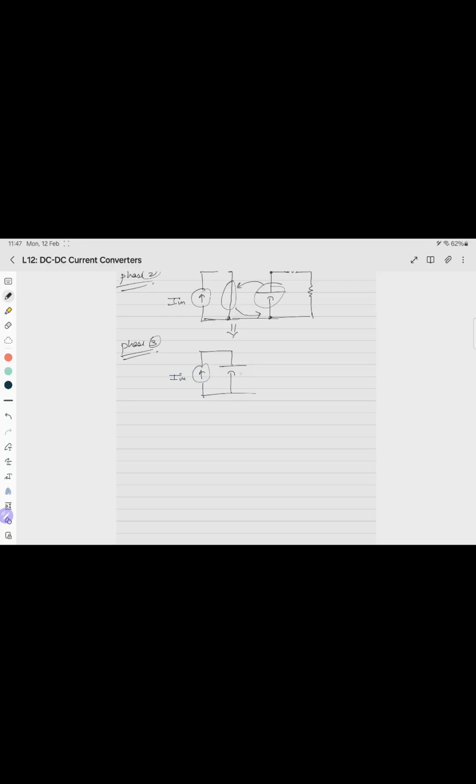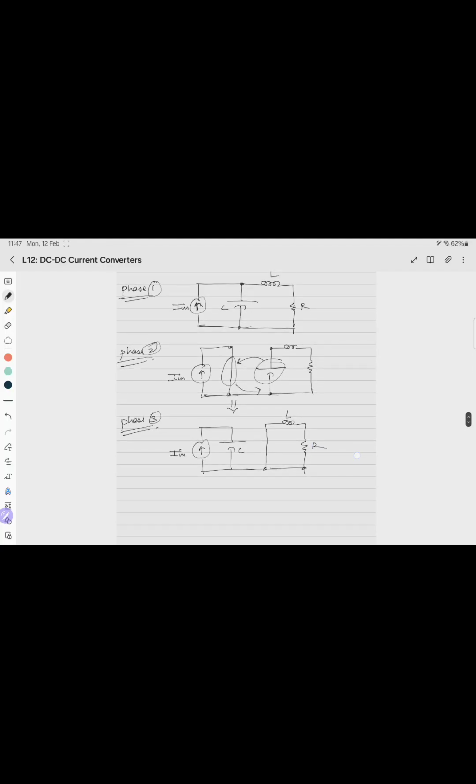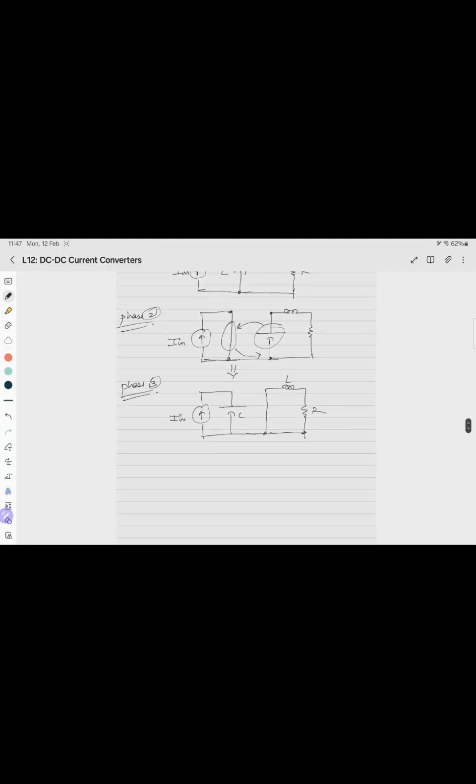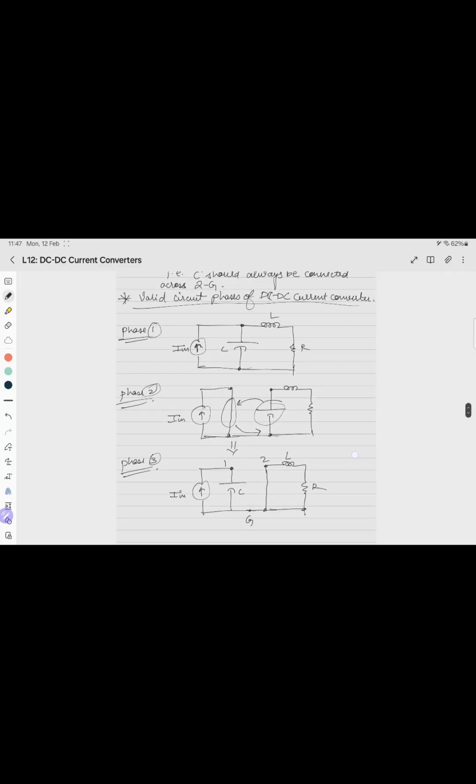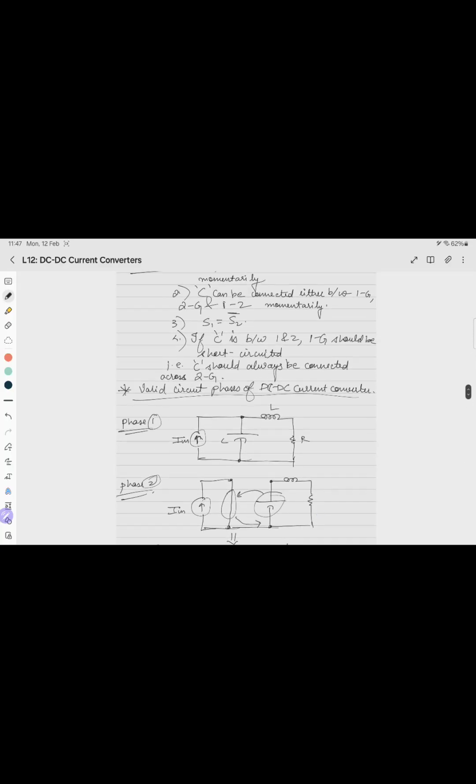IN, this is C, then a short circuit, L and R. In this case, the capacitor is not connected to this rail. Which rail? Across the load. Then the nodes 2 and G, this is G, this is 1, this is 2. If the capacitor is connected between 1 and G, then 2 and G should be short circuited.